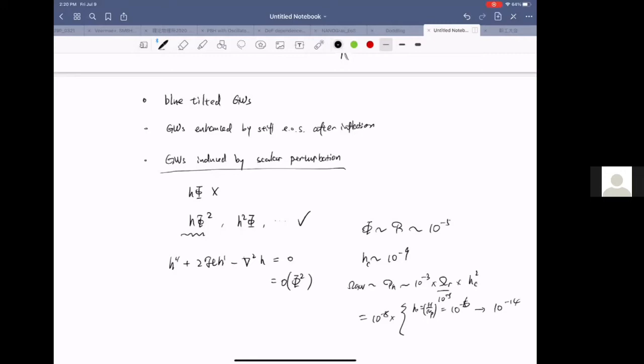So this is overestimated. And for a scalar induced value, this is 10 to the minus 9, then you have 10 to the minus 17, squared. So that's always much smaller than the leading order value. So you don't have to take much care about that.